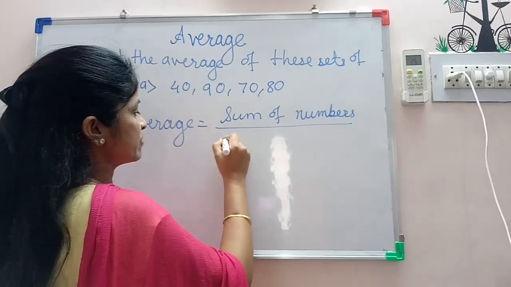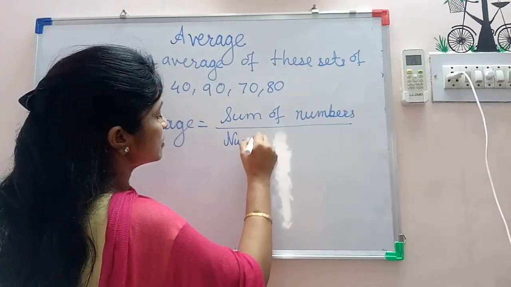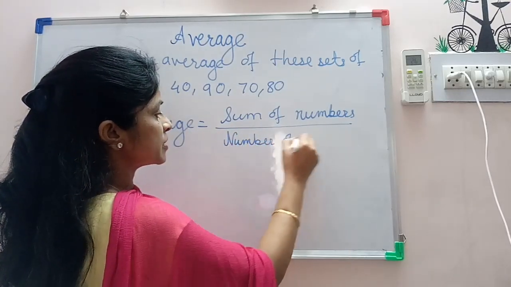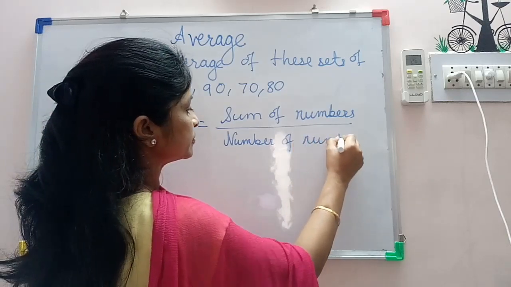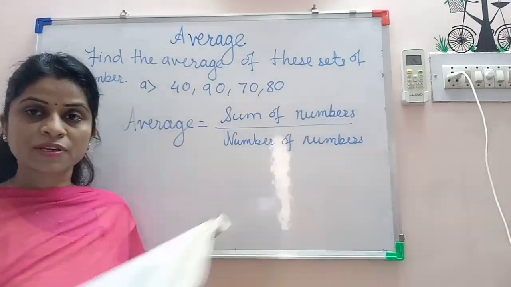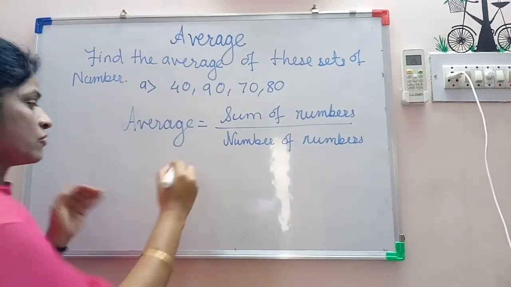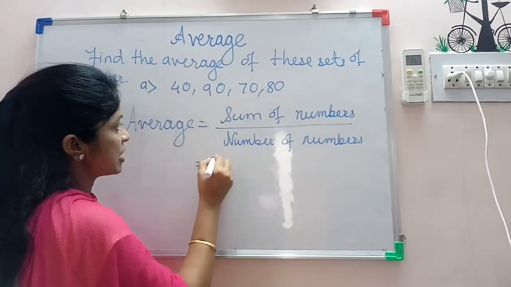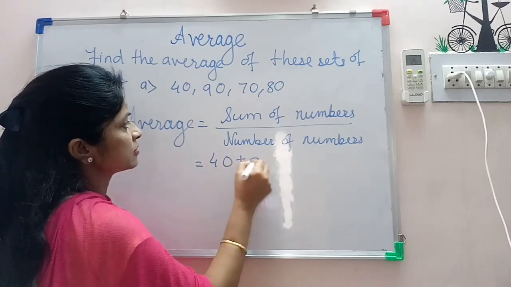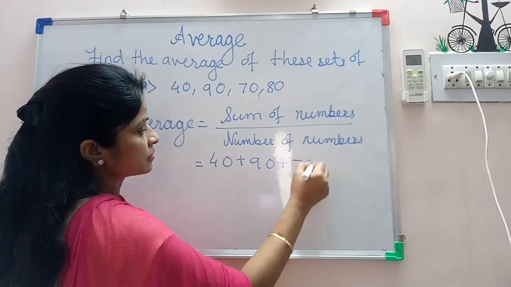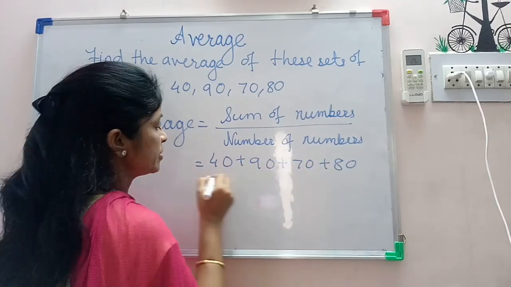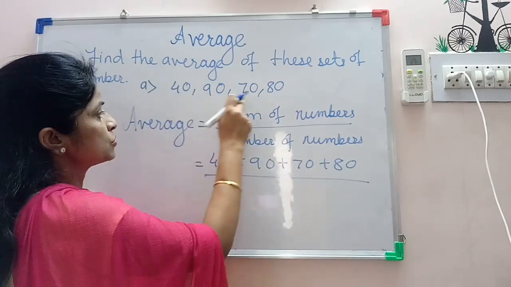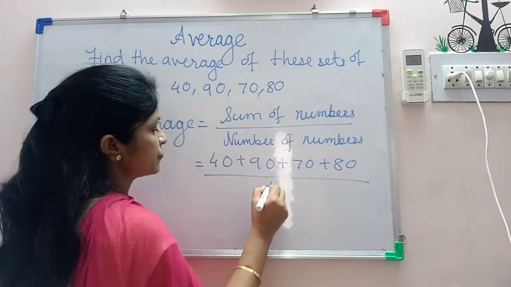How many numbers are given? Okay students, first we will write the sum of numbers, meaning all the addends, here. Then how many numbers are there? 1, 2, 3, 4. 4.